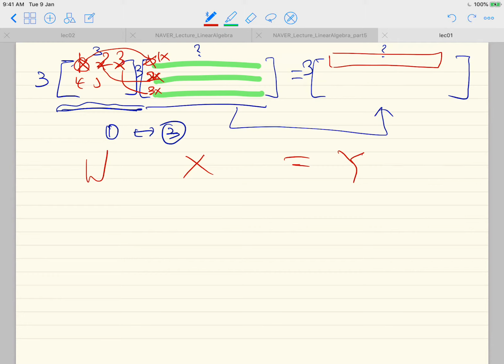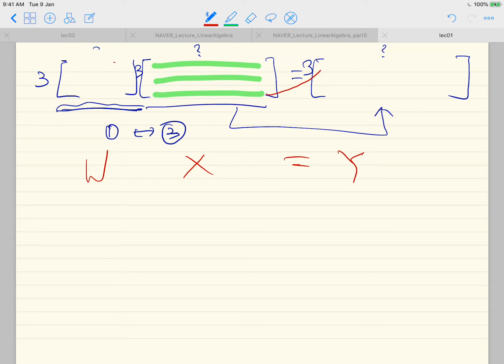So let's figure out what those numbers should be. In case we interchange the first and the third row, the third row should be placed as the first row.